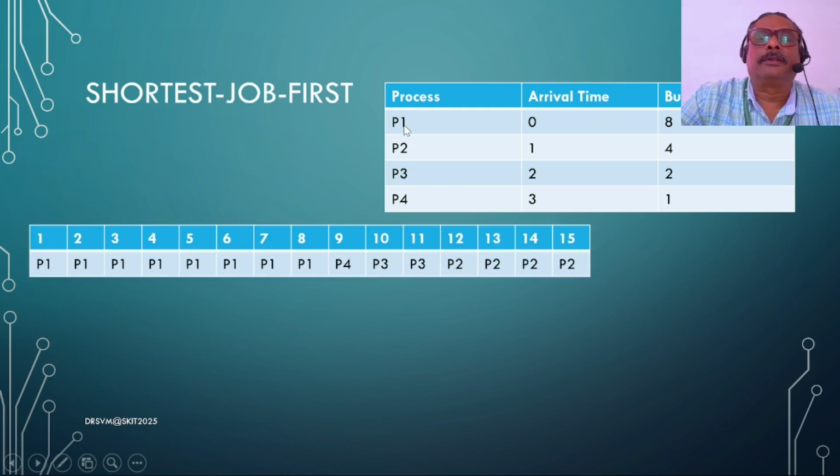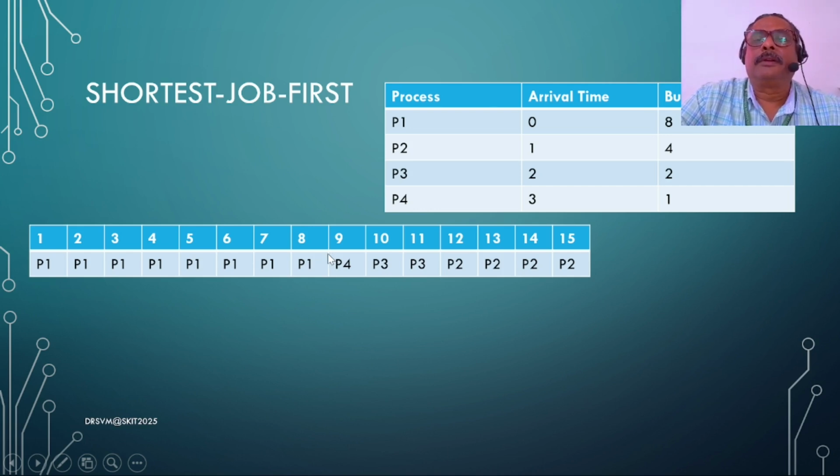Therefore the scheduler starts with P1, and since this algorithm is non-preemptive, after 1 unit of time P2 comes up, and even though its burst time is less than the remaining time of P1, it cannot stop P1 and allot P2 because it is non-preemptive. So once P1 starts executing, it continues for 8 slots.